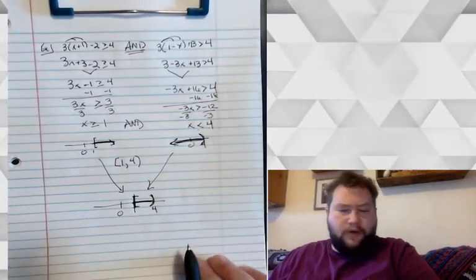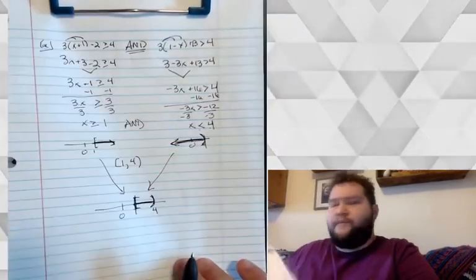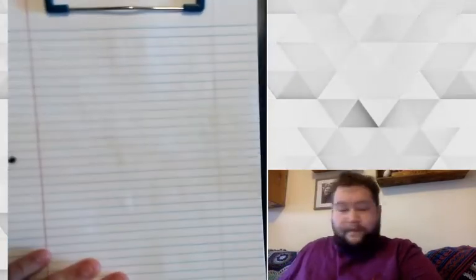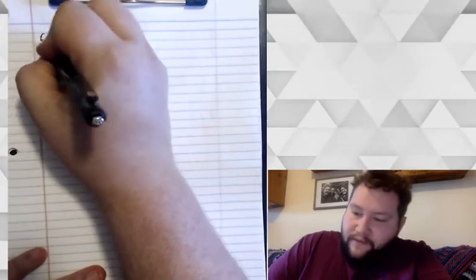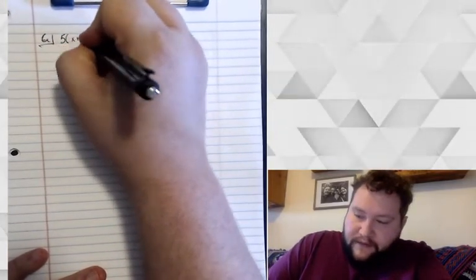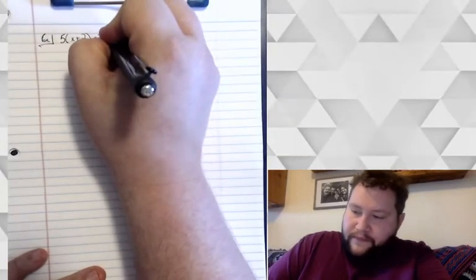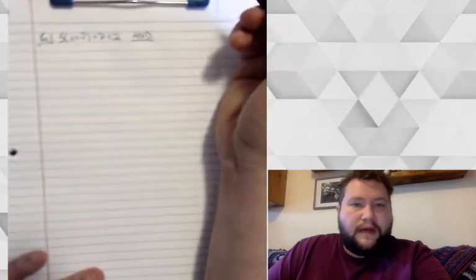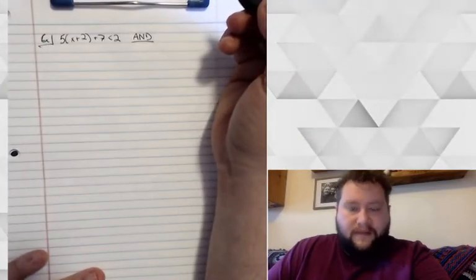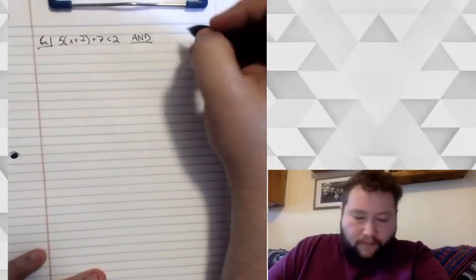And we can look at one more example like this, where we have 5 times x plus 2 plus 7 is less than 2, AND 2 times 5 minus 3x plus 1 is less than 17. You'll notice I always write and or or in all caps. That's just so that it sticks out and I remember to take care of it.